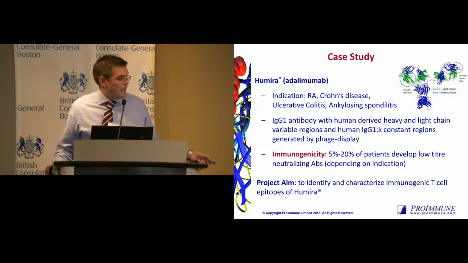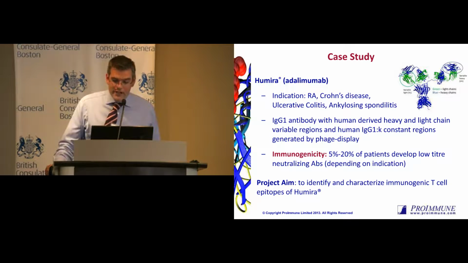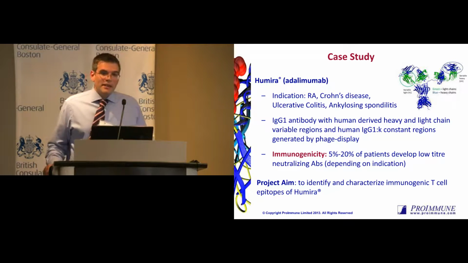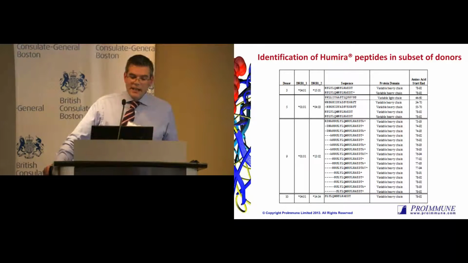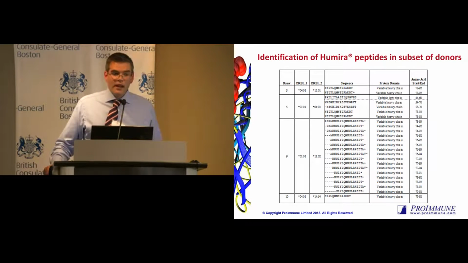So our aim in this project was to identify and characterize those individual peptides from Humira that are naturally processed and presented in the assay. So we take a subset of donors. The donors that we used in this particular assay, we took 20 donors, and they were pulled out of our donor bank on the basis of having a broad HLA distribution.